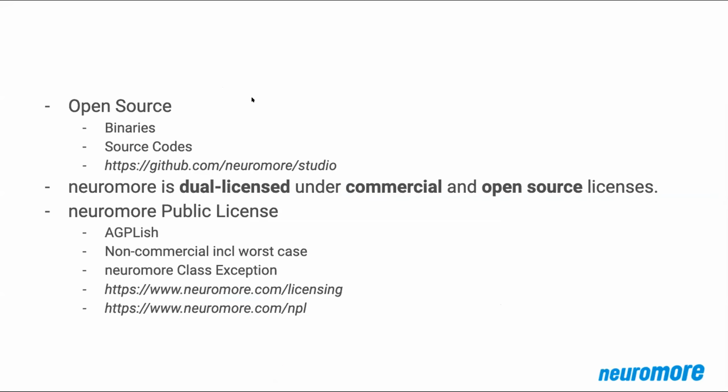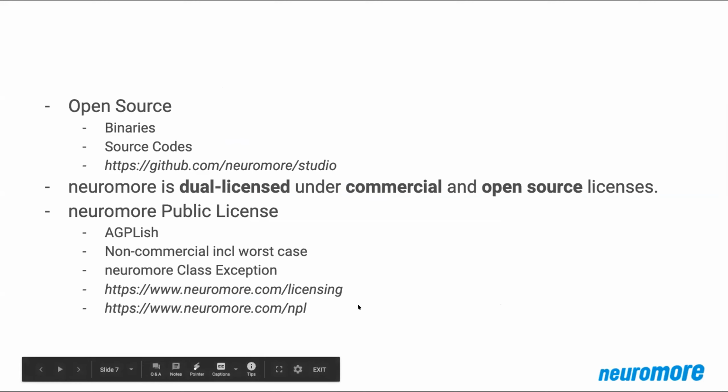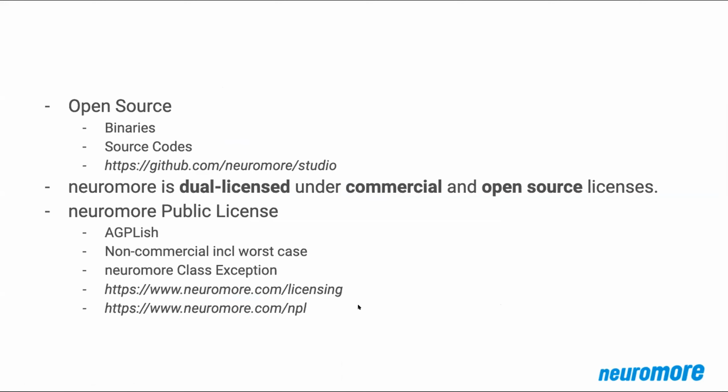On the other hand, there's the neuromore public license. The neuromore public license that we created is, I call it HEPL-ish. It's HEPL with an additional clause that commercial use is not allowed. You're not allowed to get any money out of it. We also added a worst case scenario.